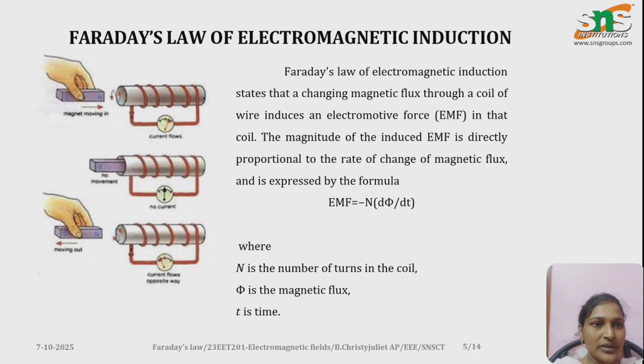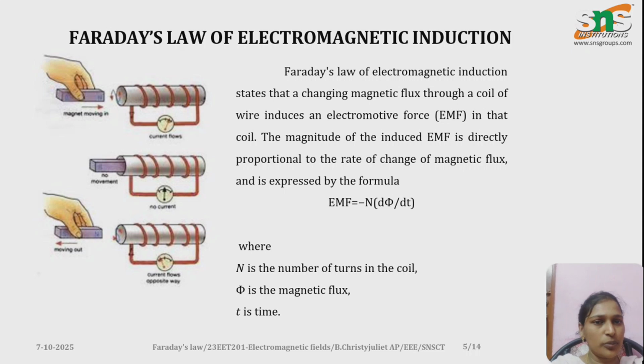Let's define the law in detail. Faraday's law of electromagnetic induction states that the changing magnetic flux through a coil of wire induces an electromotive force in that coil, and the magnitude of the induced EMF is directly proportional to the rate of change of flux in the circuit. It is mathematically expressed as E proportional to minus d phi by dt.